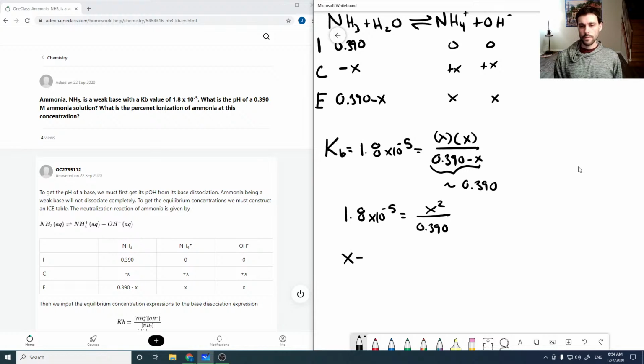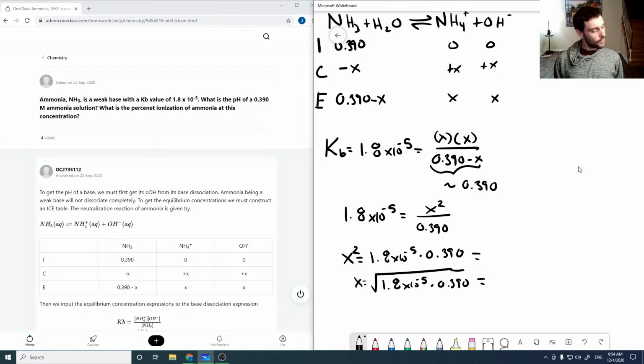So then x squared is 1.8 times 10 to the minus 5 times 0.390, and then x is the square root of this. So that would be 2.6495 times 10 to the minus 3.